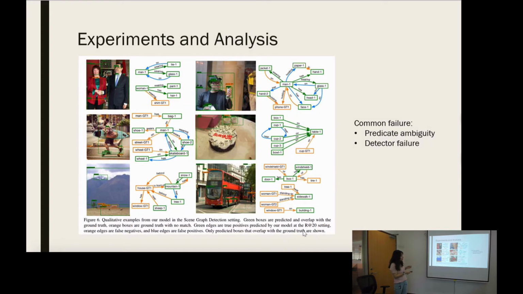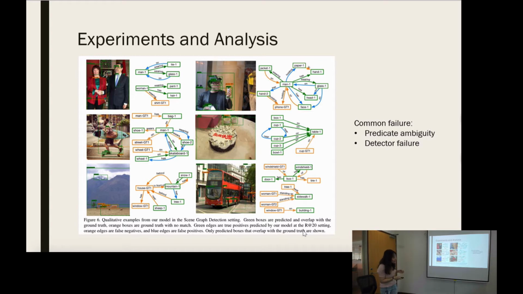So there are two kinds of common failure. One thing is they talk about the prediction ambiguity, like people wearing and people wears. That's different according to the brown shoes. Actually, I think that's reasonable enough. Like people wearing and people wears, we can think they are the same prediction.